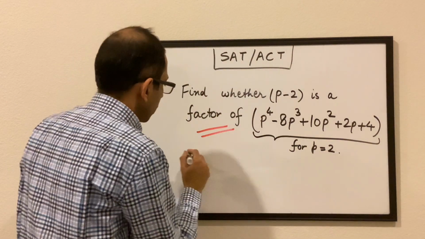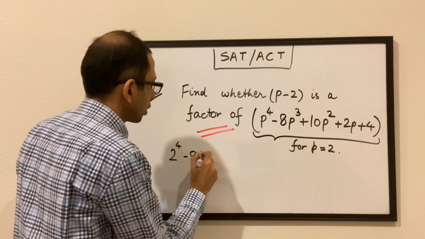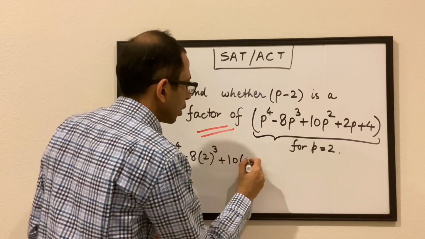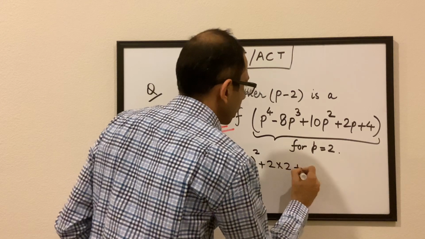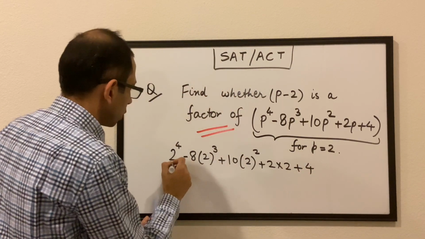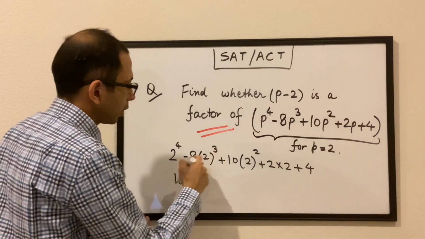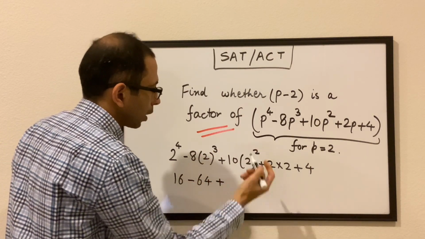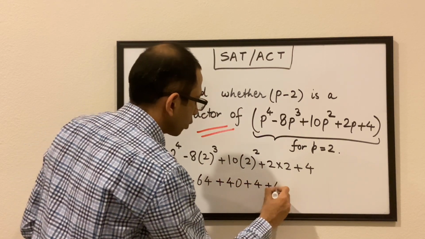Right? So 2 to the power of 4 minus 8 times 2 cube plus 10 times 2 square plus 2 times 2 plus 4. 2 to the power of 4 is 16, minus 8 times 8 is 64, plus 2 square is 4, times 10 is 40, plus 4 plus 4.